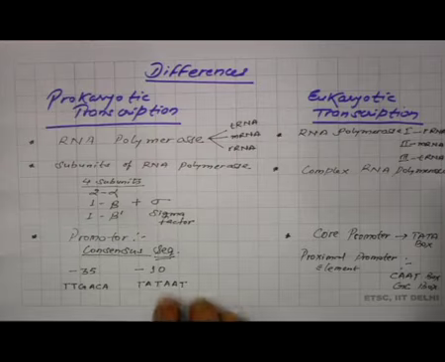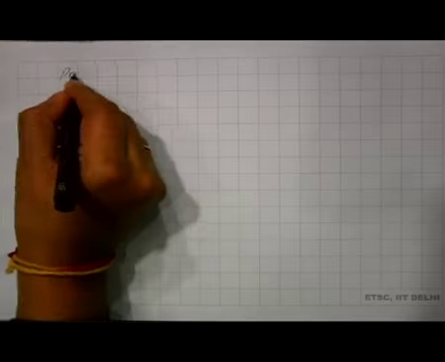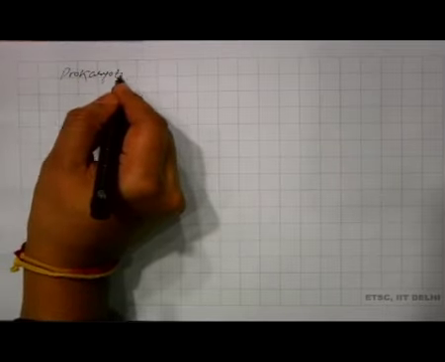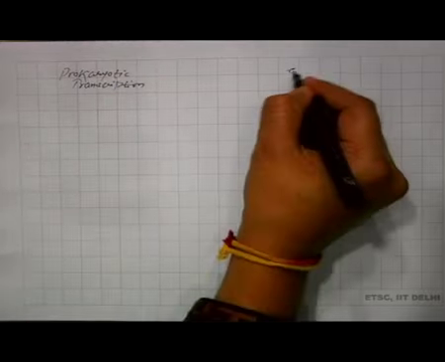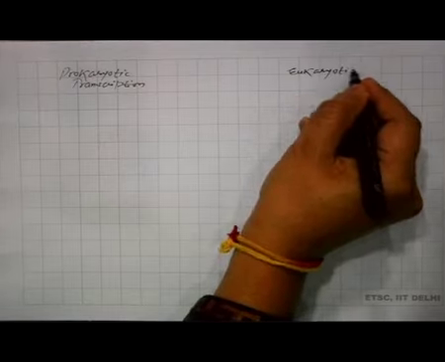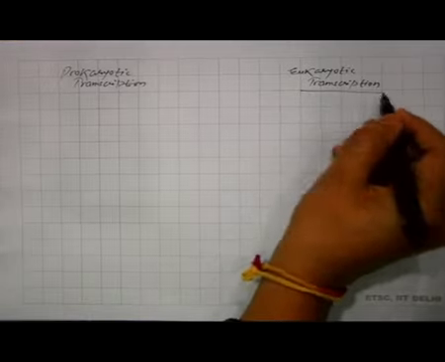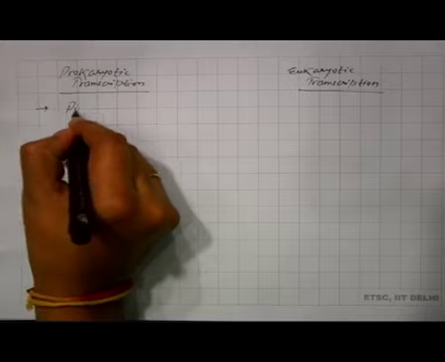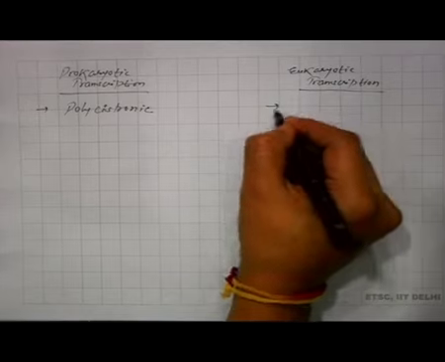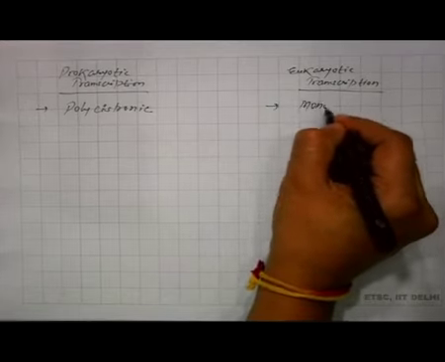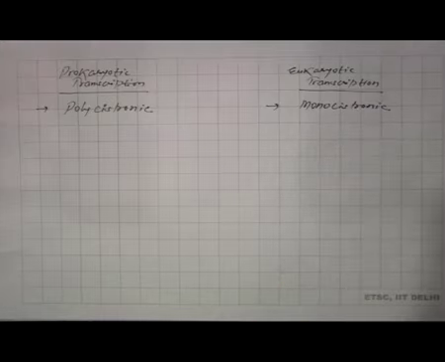So, if we talk about some more differences in prokaryotic transcription and eukaryotic transcription: the prokaryotic DNA is polycistronic, while eukaryotic DNA is monocistronic. Now, what is the meaning of polycistronic and monocistronic?